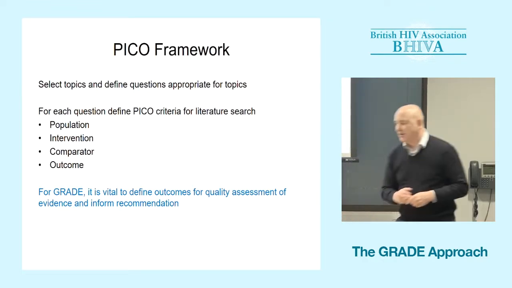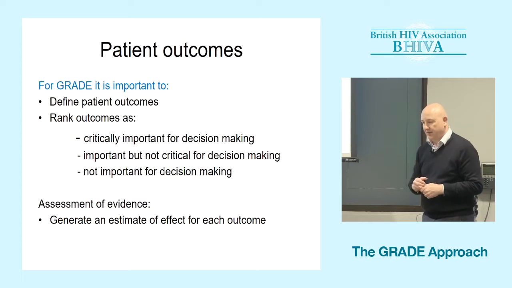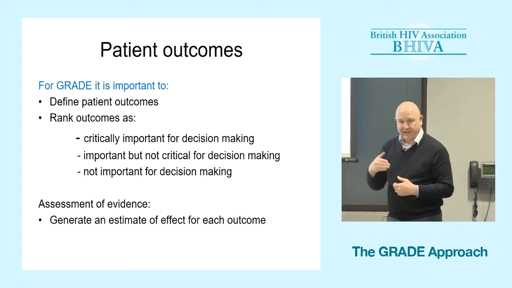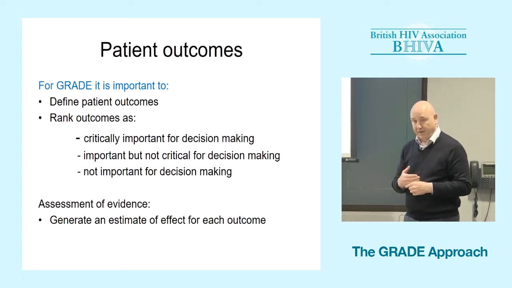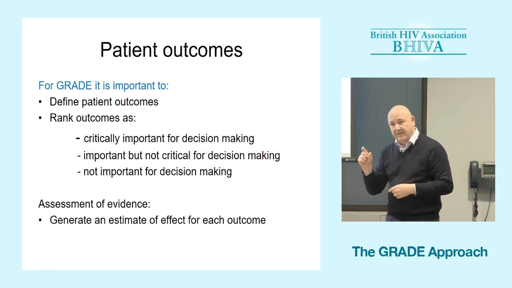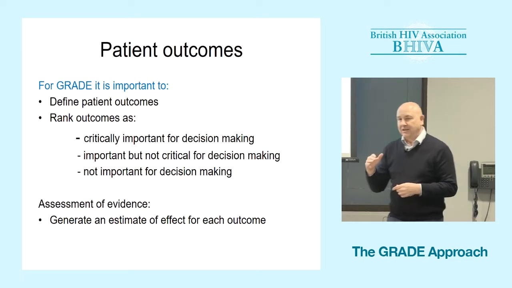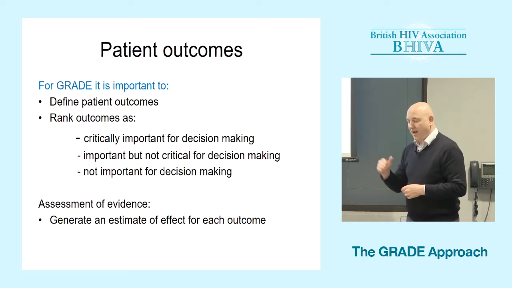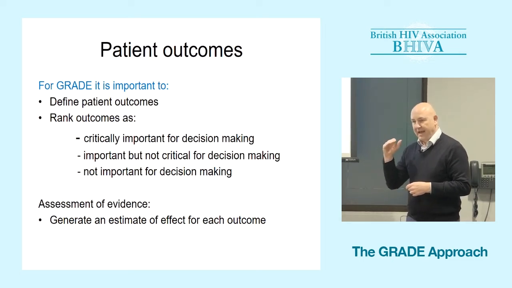You need to rank those outcomes according to whether they're critically important for decision making, important but not critical for decision making, or not important for decision making. We'll see why that's important, because the quality of evidence for a critically important outcome will carry much more weight than something that's either important or not important for decision making.